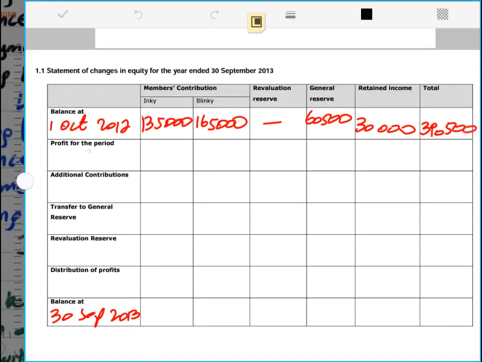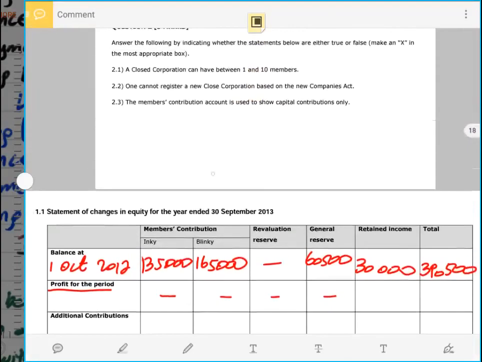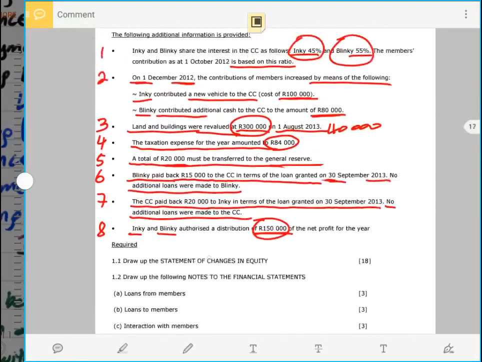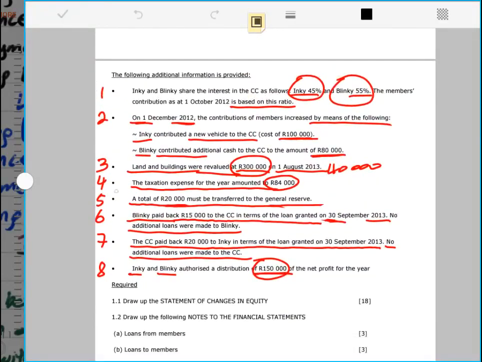Then after, we have to account for the profit for the period. Remember, profit for the period must not be inclusive of tax. That means we have to subtract our tax expense, and we know that our tax expense under bullet point number 4 was 84,000 rands.